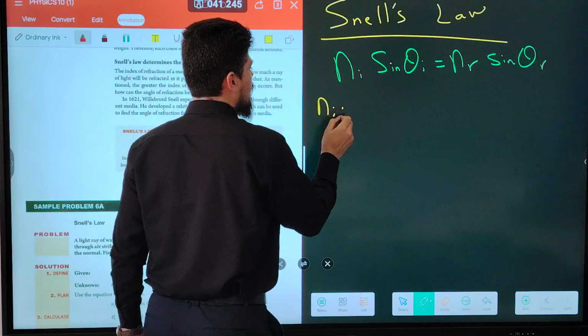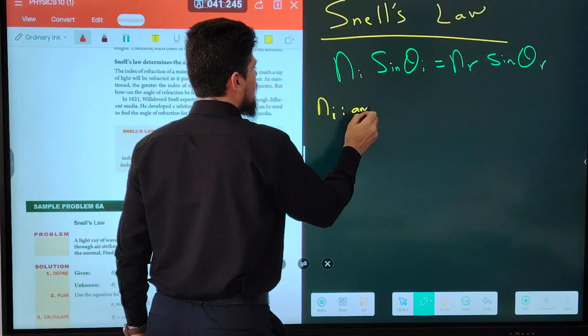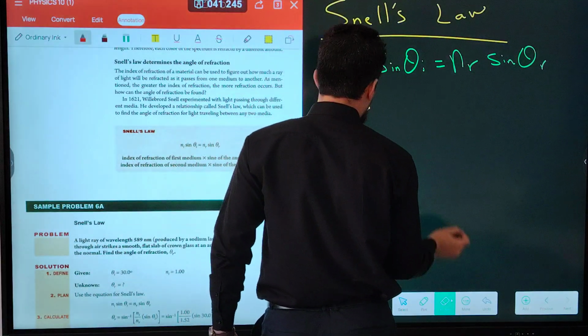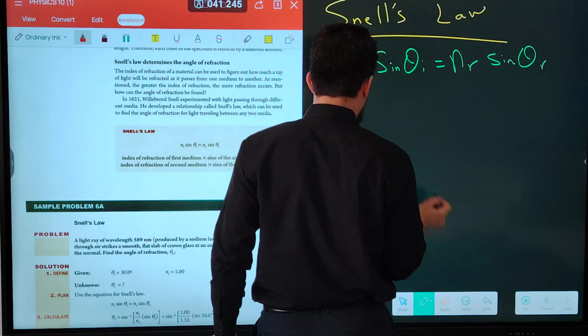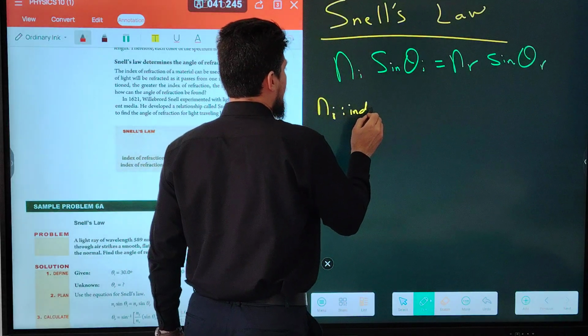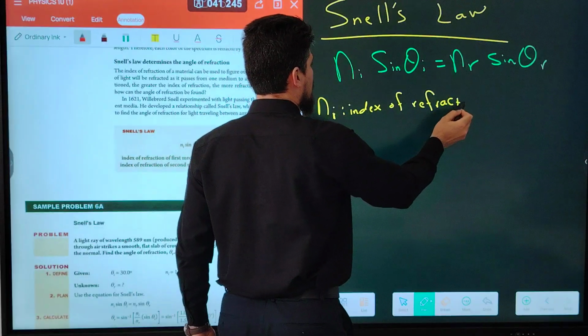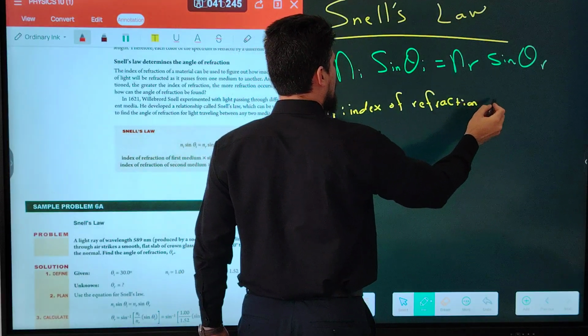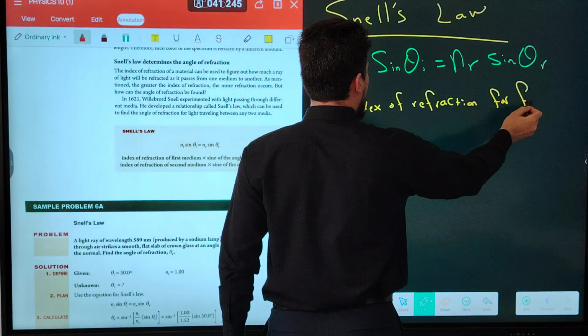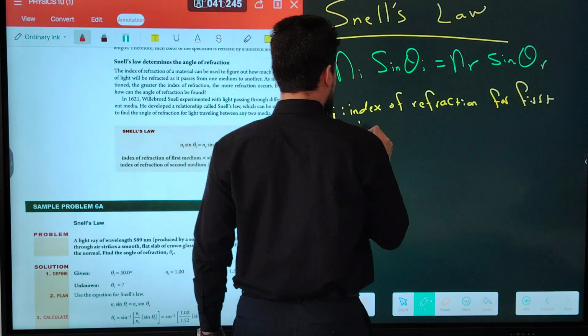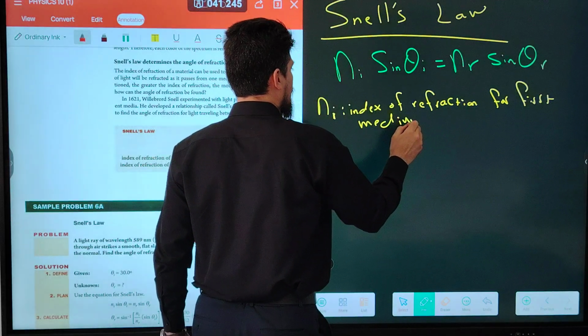What is Ni? The index of refraction for the first medium.